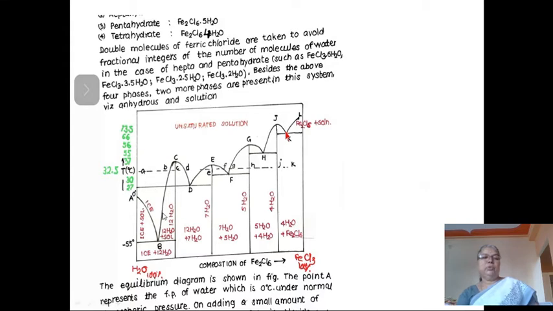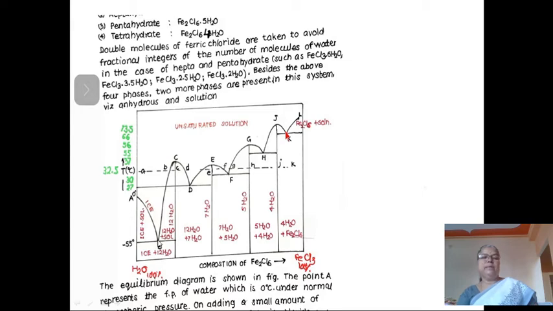Due to the addition of ferric chloride into water, the freezing point decreases along the curve AC and reaches a minimum. This point has a temperature of minus 55 degrees centigrade; it is the cryohydric temperature, also called the eutectic temperature.